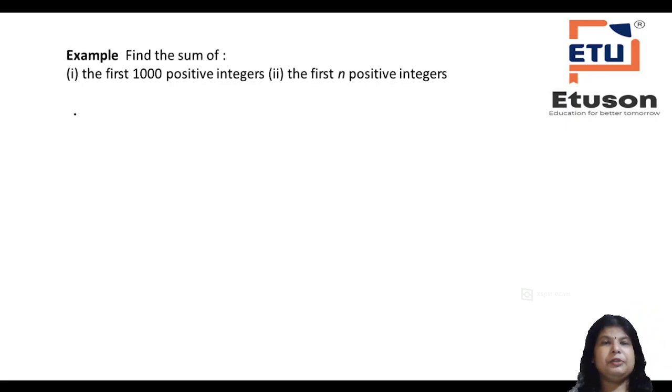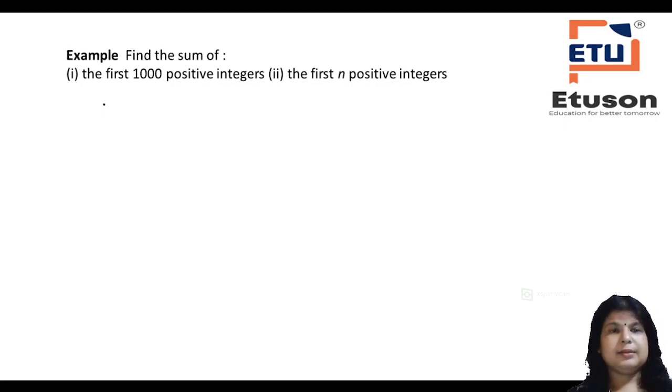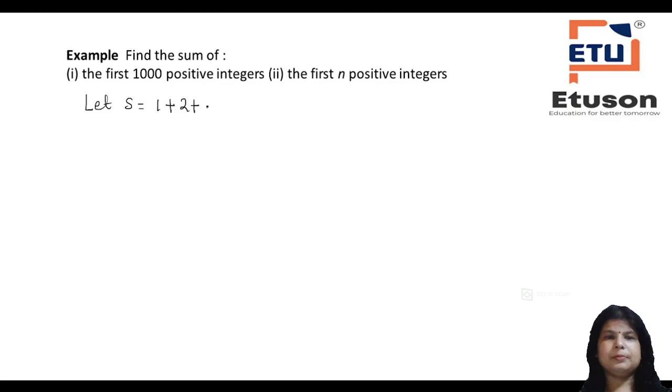So now let us take some more examples. Here you have to find the sum of the first 1000 positive integers. So let S be equal to 1 plus 2 plus, so on and so forth, till 1000. Correct? Here the first term of the AP is 1, the common difference is 1 of course, and n is equal to 1000.